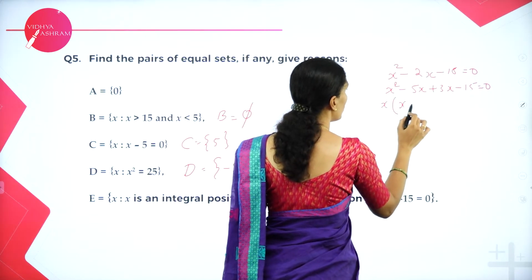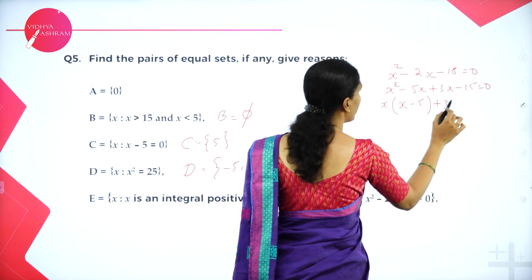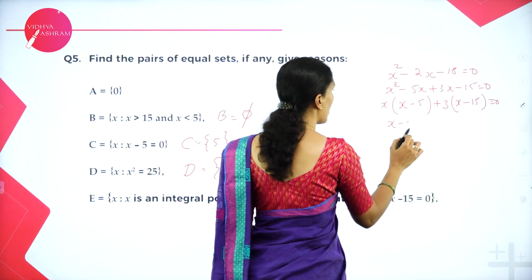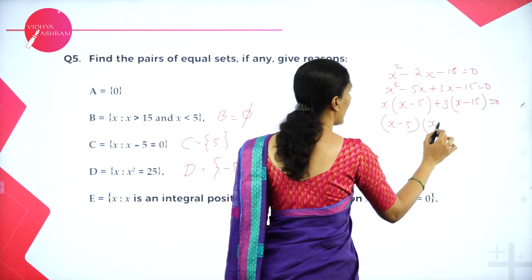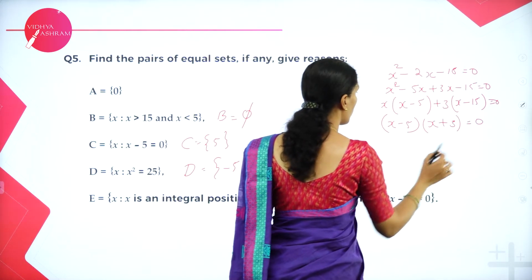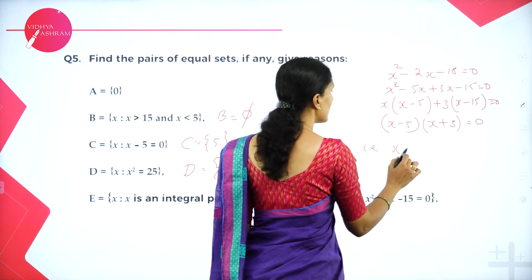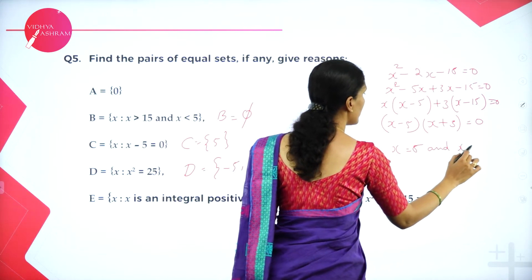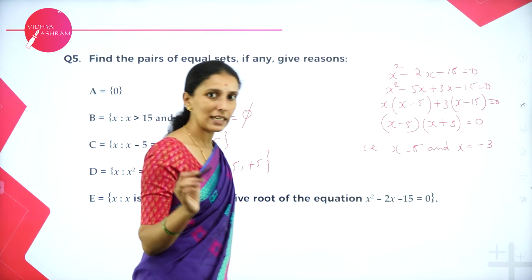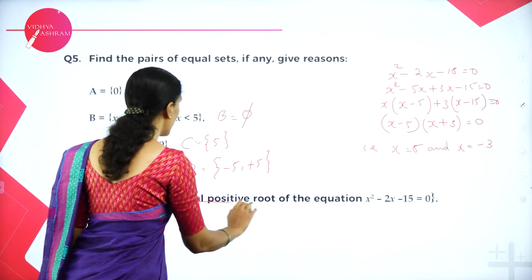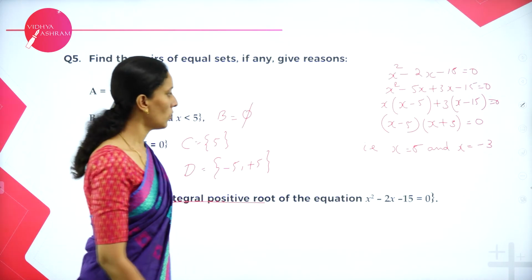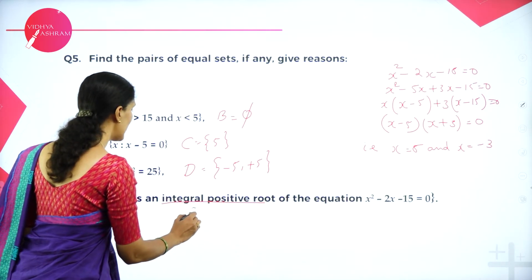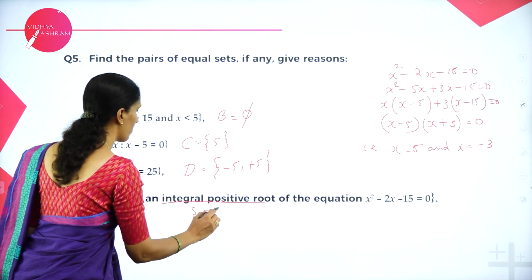When you solve it, you will get (x - 5)(x + 3) = 0. So the roots come from x - 5 = 0 and x + 3 = 0, that is x = 5 and x = -3. But what is the condition given here? It should be a positive integral root. So the only possible element for this set is 5.